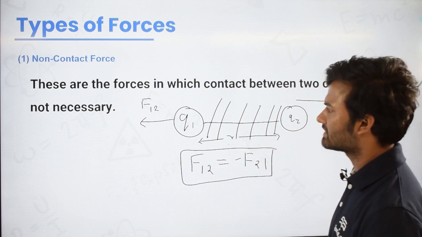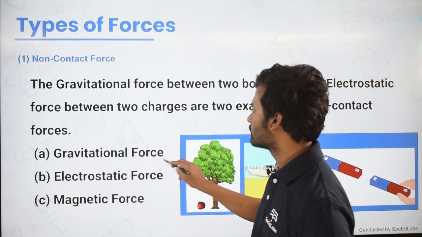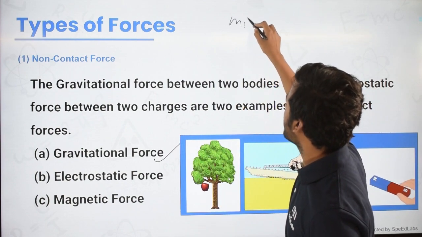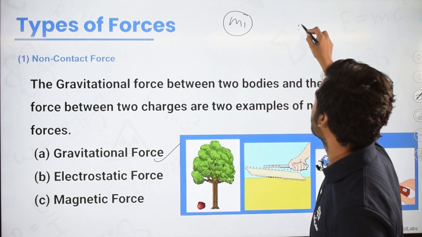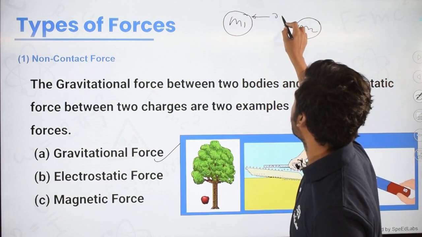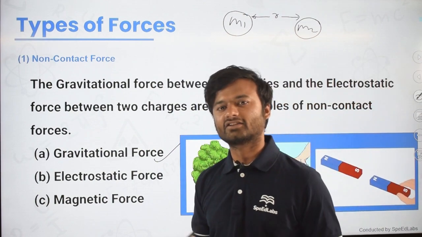Similarly, I have another example. There are many examples, such as gravitational force. What is gravitational force? If I have a mass m1 and a mass m2 kept at a certain distance r, then these masses will automatically attract each other.